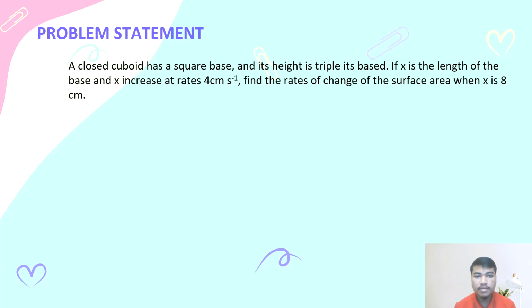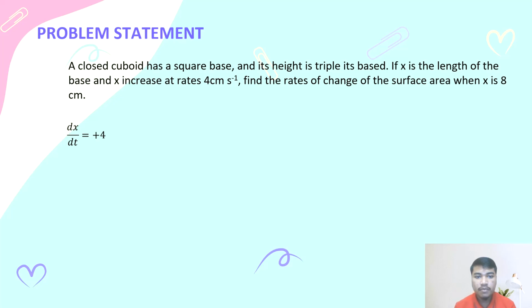For this statement, we can get the information that dx over dt is equal to positive 4. The sign is positive because it is increasing. If it is decreasing, the sign will be negative.